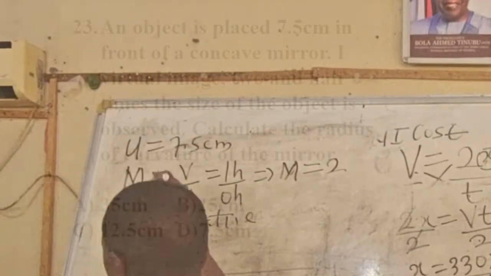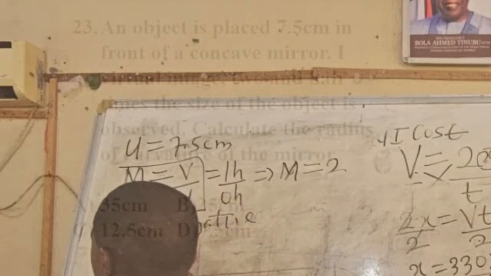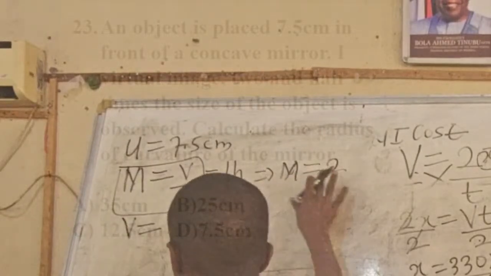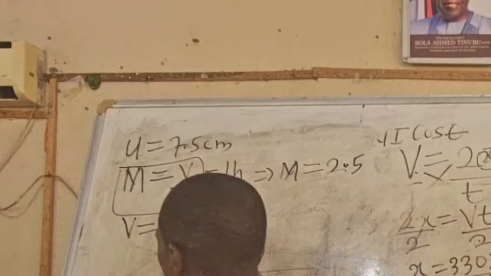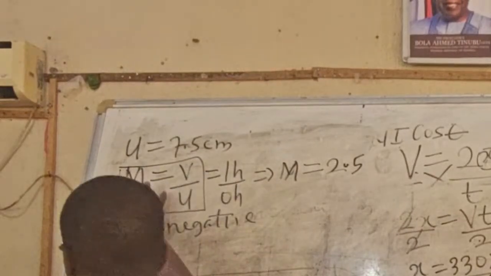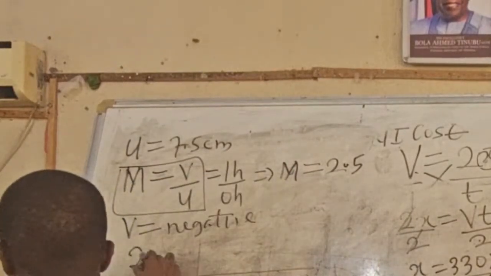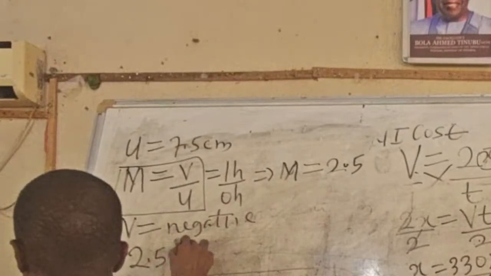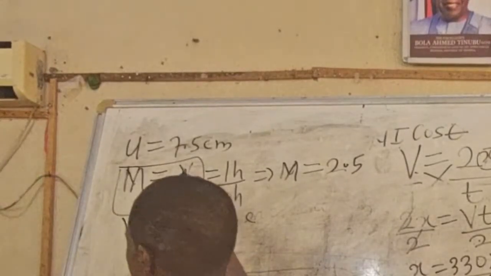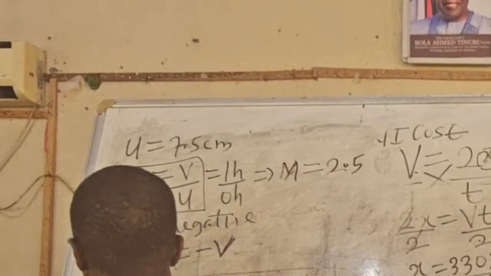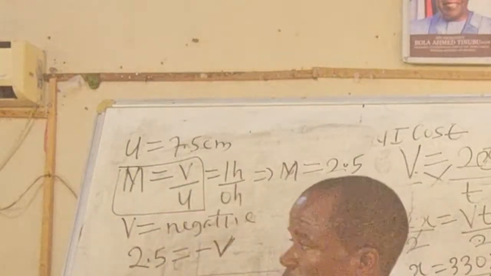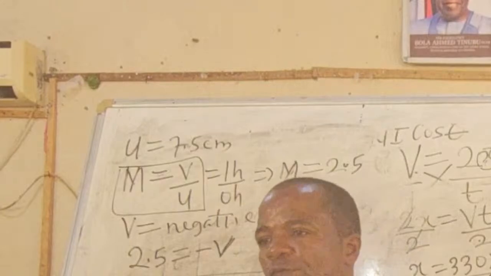And by the time you make use of this formula here, magnification, we already know is 2.5, is equal to image distance all over U. If you substitute that, M is 2.5, so it becomes 2.5 is equal to the image distance, that's minus V. And I hope you understand why I'm putting minus V now, because we are told that the image is virtual.